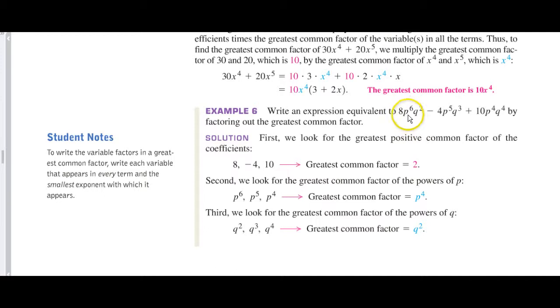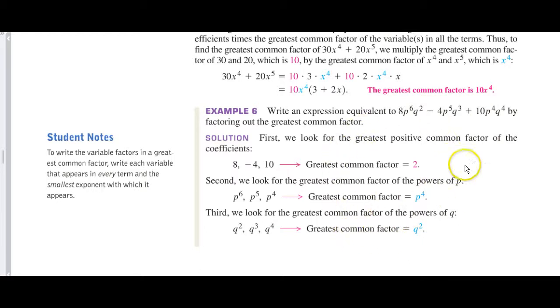Then we look at p to the 6th, p to the 5th, p to the 4th. The greatest one we could take out of each term is p to the 4th. That is the smallest exponent. And then q to the 2nd, q to the 3rd, q to the 4th, you could take out q to the 2nd out of each term.